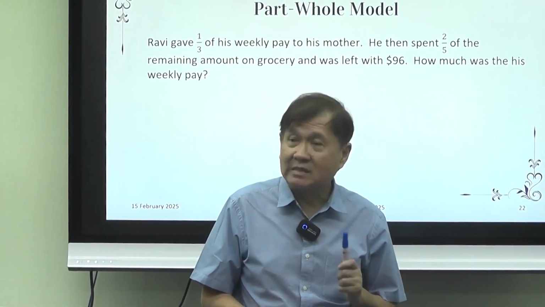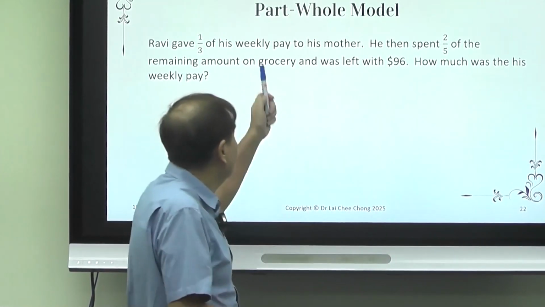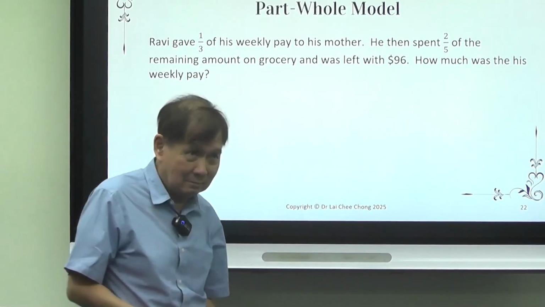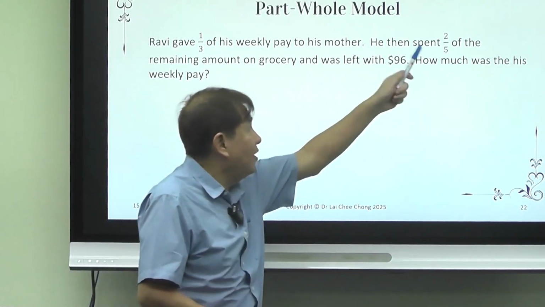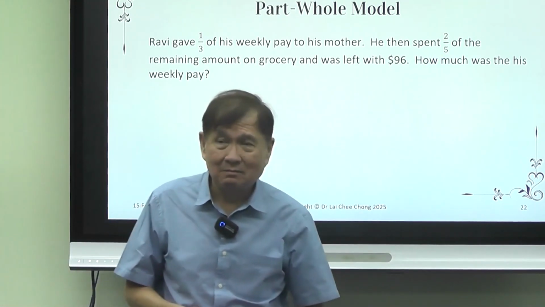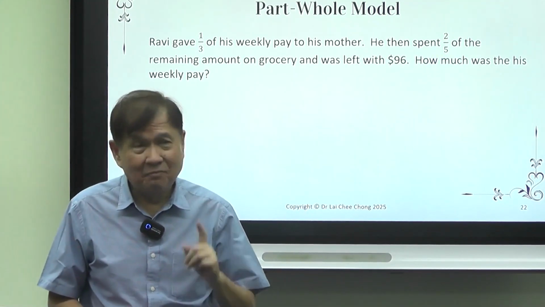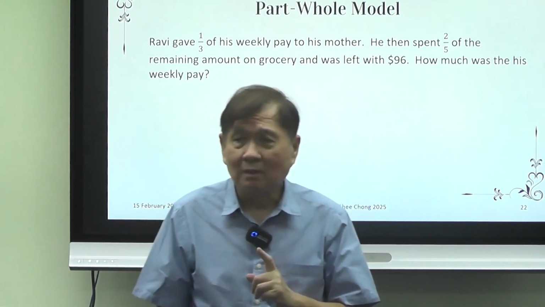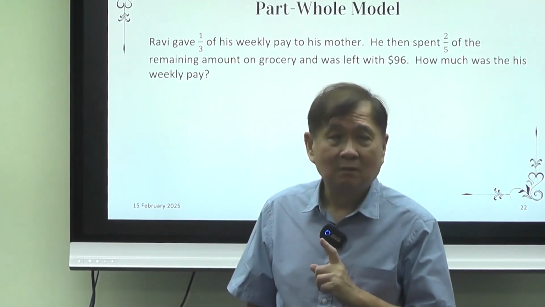That is important, not the same whole. This 1/3 refers to what's the whole? The weekly pay. This fraction refers to what? It's what that remains. Different wholes. That's one important thing when kids handle this kind of question. They are not all the same, the wholes.